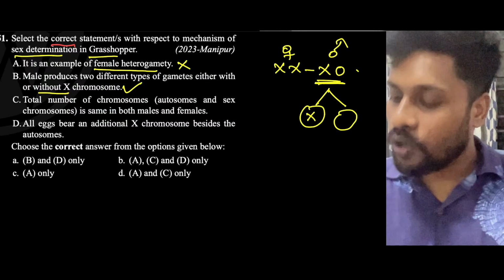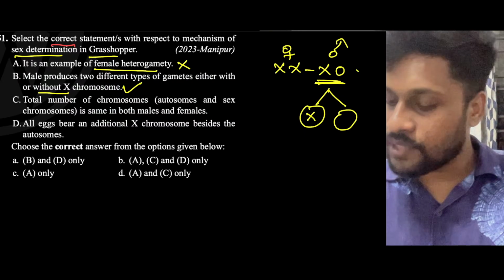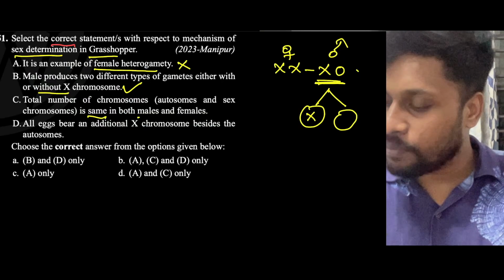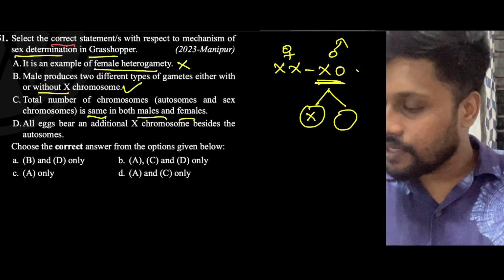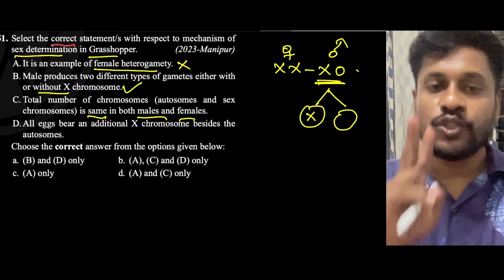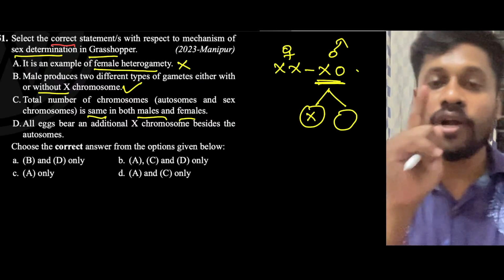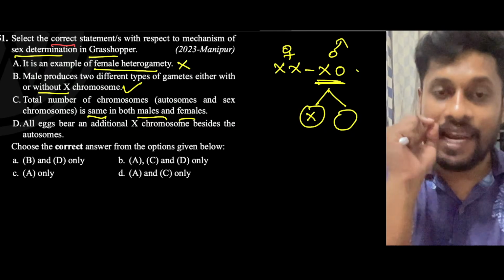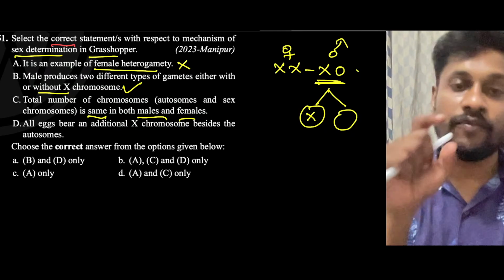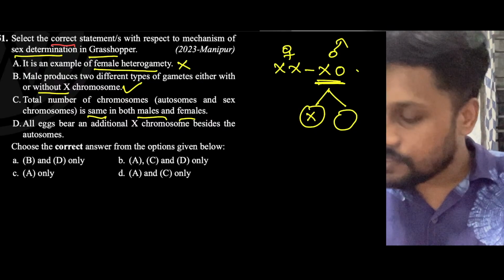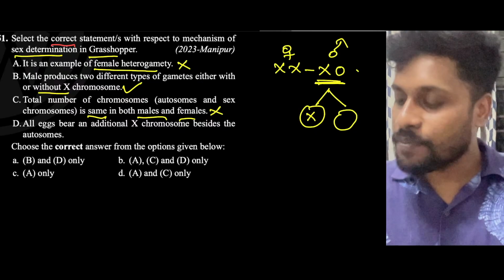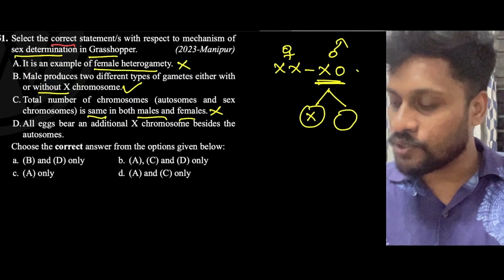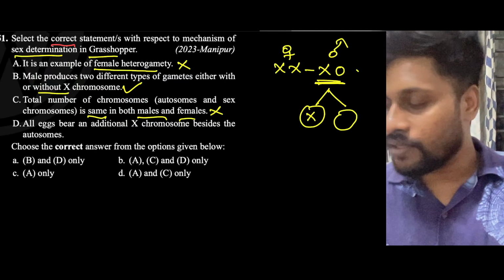True. Total number of chromosomes, which is autosomes and sex chromosome, is same in both males and female. No guys, here female has two X chromosome, but male has only one X chromosome, which means male contains less number of chromosomes when comparing with the female, right? Hence, this is wrong. All eggs bear an additional X chromosome besides the autosome.